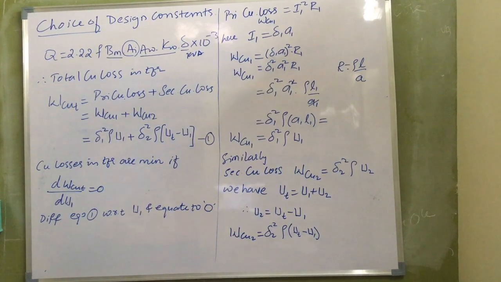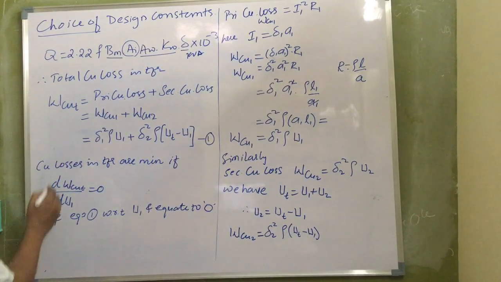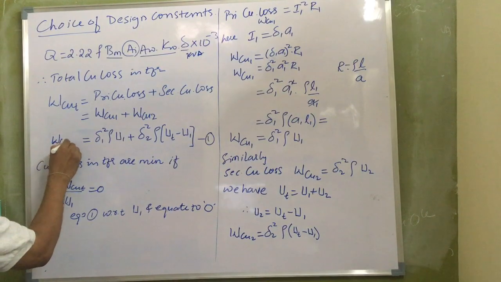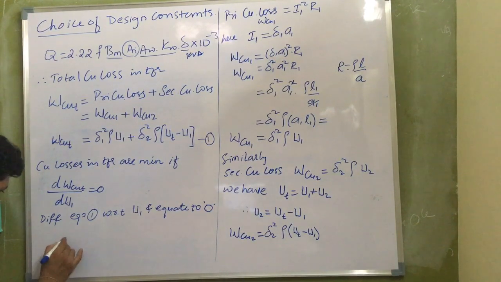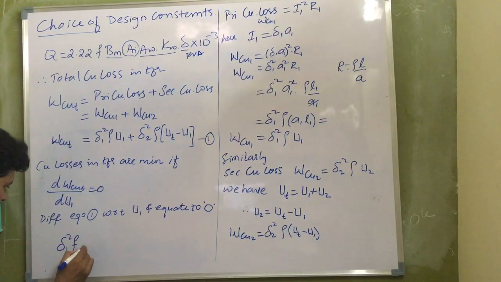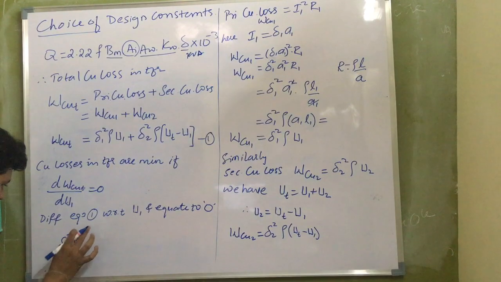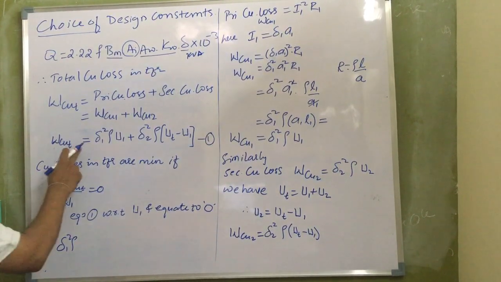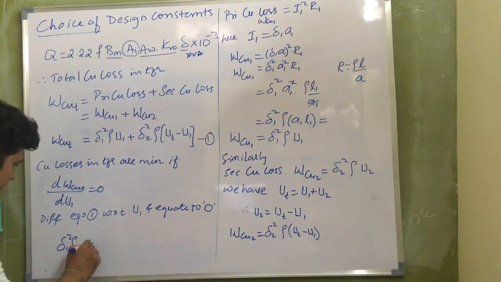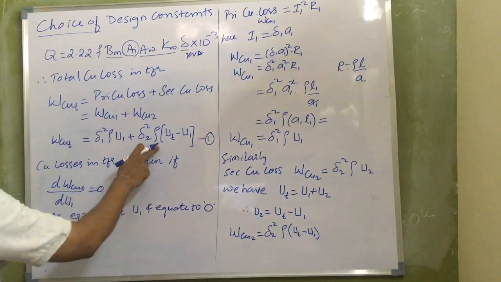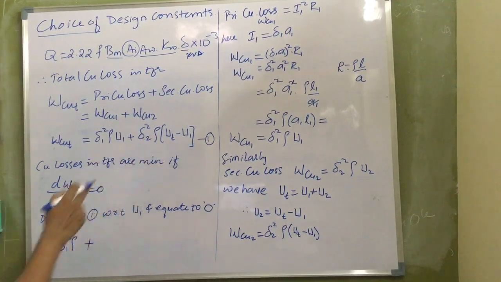I will get, differentiation of the first term, delta 1 square rho, differentiation of U1 with respect to U1 is 1, plus delta 2 square rho into UT.